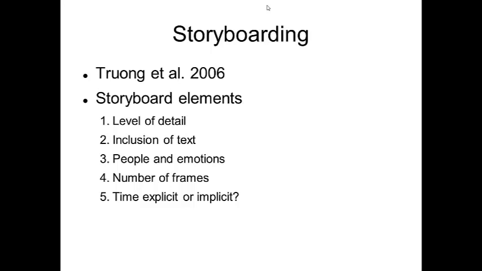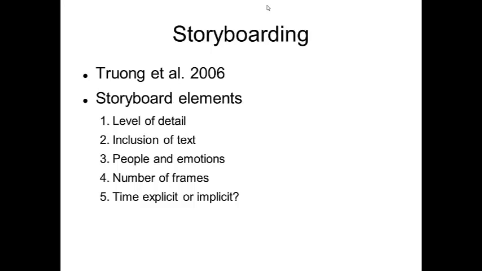Truong et al. 2006 did a little analysis of storyboards that I thought was quite interesting. They looked at the various elements on a storyboard to decide how best to create these things. What's the best story? How can we make the best storyboards? What are the design principles behind making a good storyboard?